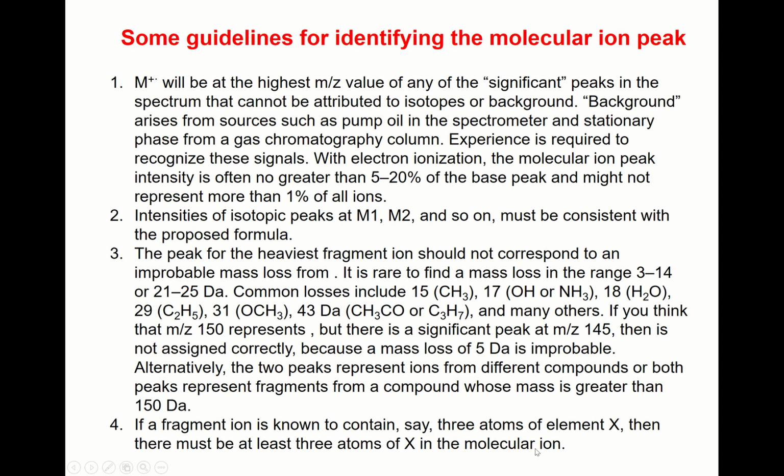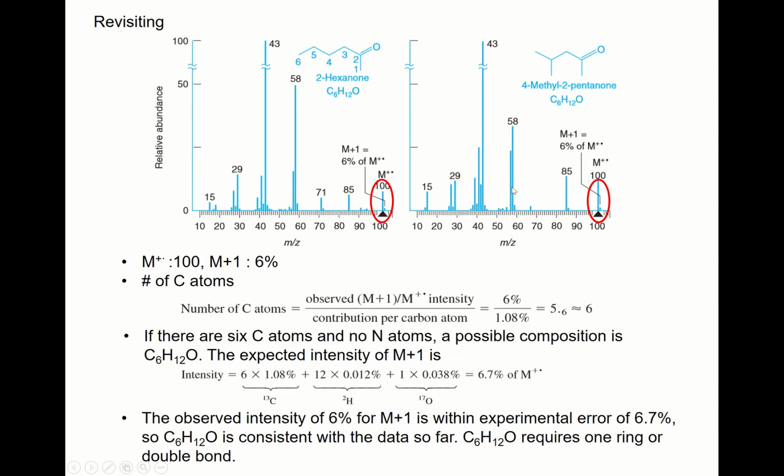Because the fragment ion contains three X atoms, the molecular ion must contain at least three, or four, or five. We don't know yet, but at least three X atoms. Okay, let's revisit this method.